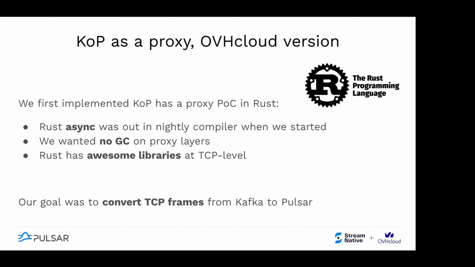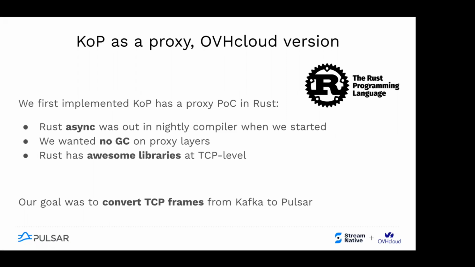We first implemented KoP, Kafka-on-Pulsar, as a proxy written in Rust. Rust is a programming language that enables nice things such as no garbage collecting and performance close to C and C++.